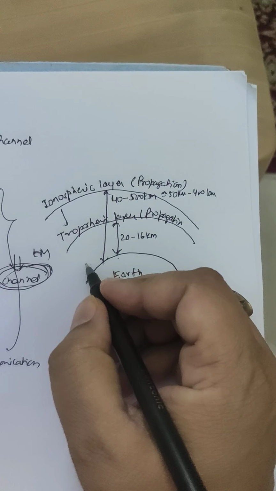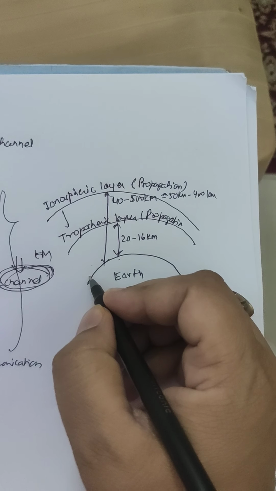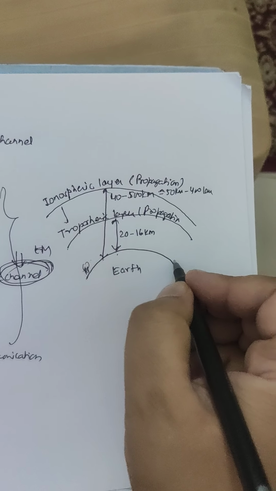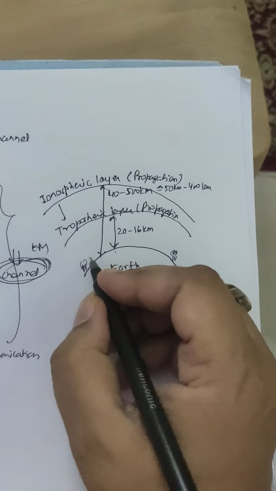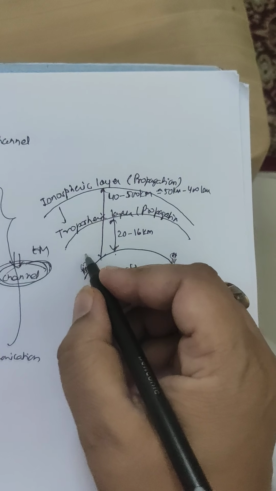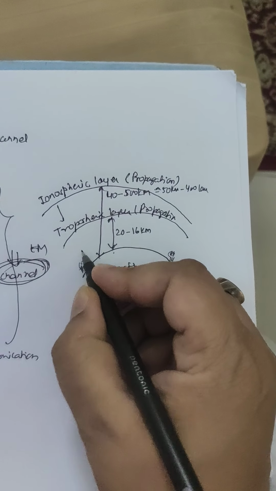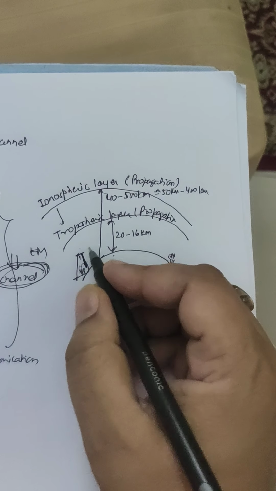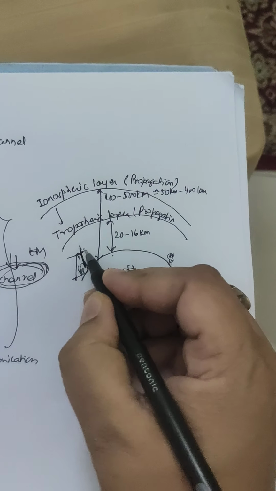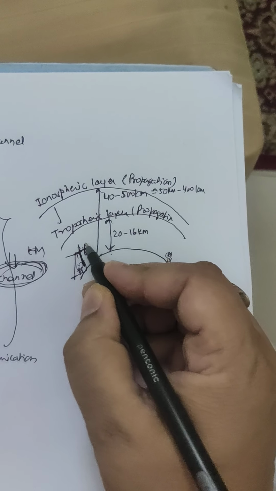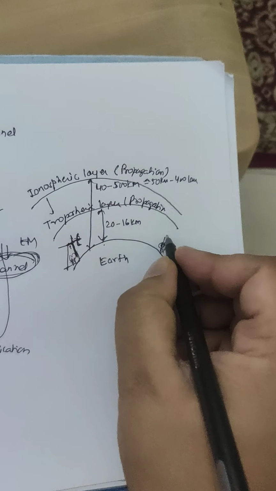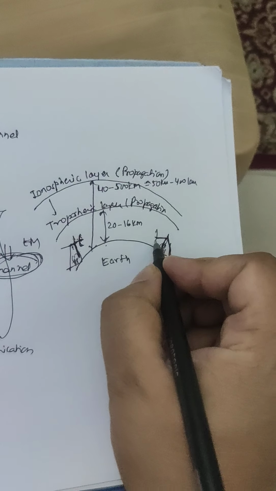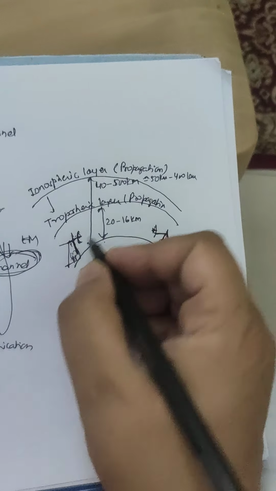Consider here is one person, and at this point is another person. At this location we have an antenna, and at this person, for line of sight, we have another antenna.